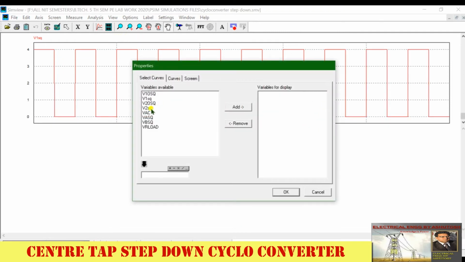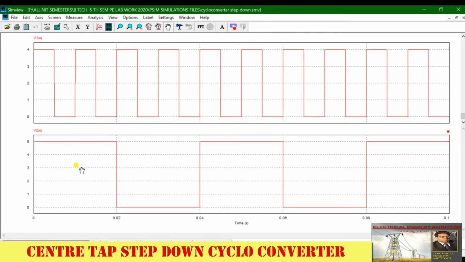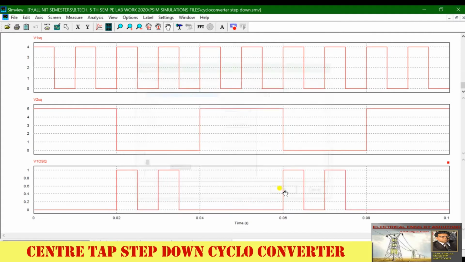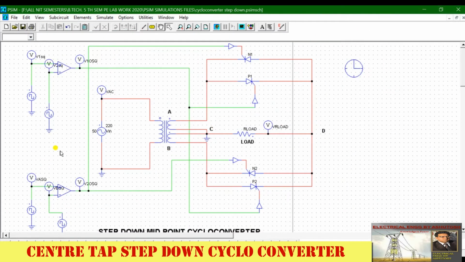Then for the second square wave generator, see the voltage output, the frequency is set to 25 Hertz, and then the resultant output V1 square is the resultant supply that the gate of the SCR will get. They are triggered from the supply square wave. And then you can see the lower square wave generator's voltage, this half.